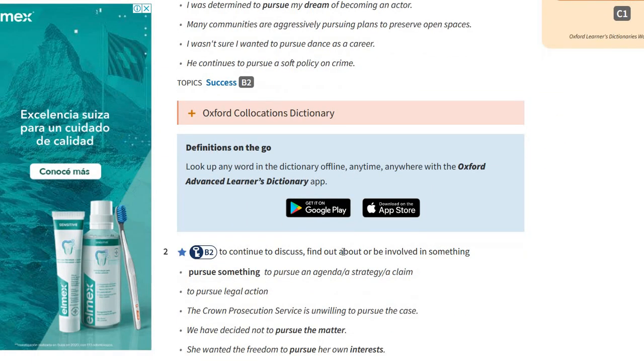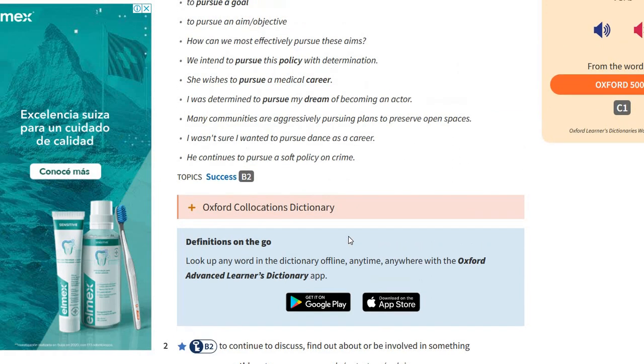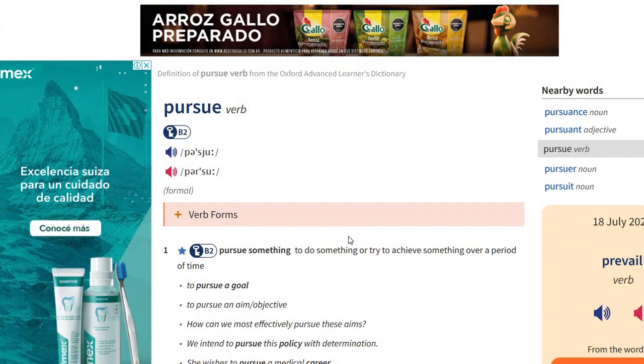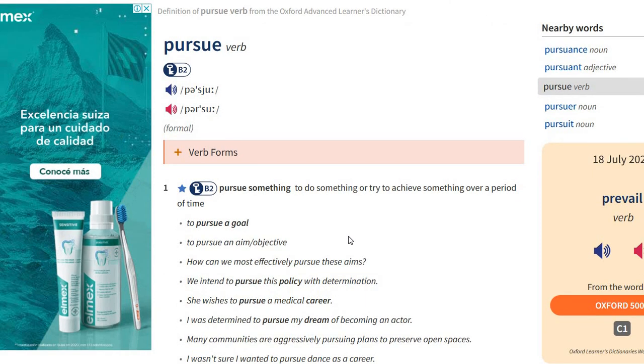Or to continue to discuss, to find out about, or be involved in something. You can pause the video here and go back and see actually the difference in the definitions, right? So that's why I like to use these two dictionaries.